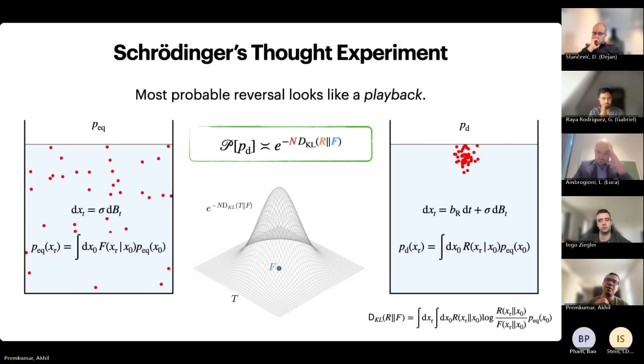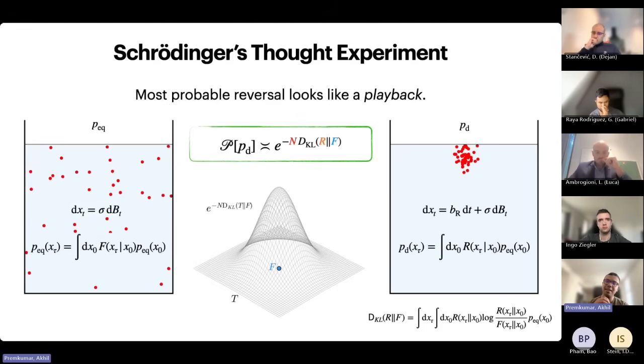So let us take a plane T, which is all the processes that start at P equilibrium and take you to any other random distribution. Okay, so I'm going to plot the right-hand side, which is that exponent, over this T plane.